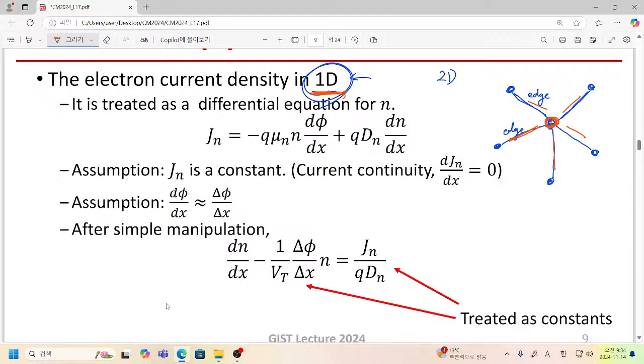Then the natural question is, it means that we do not calculate the electron transport along this direction, or at this point we do not calculate this kind of quantity. So the current conduction which is perpendicular to the edge alignment, we do not consider.